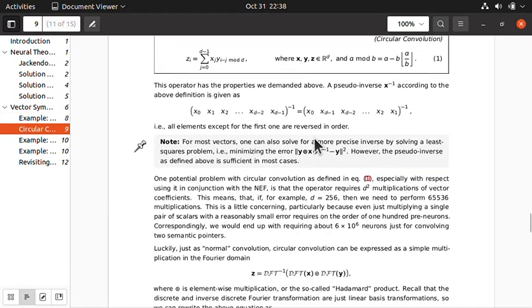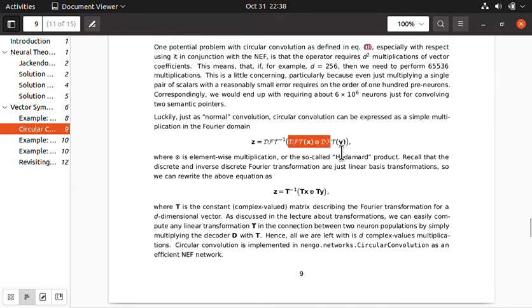Circular convolution can also be written as the discrete Fourier transform, element-wise product, of the discrete Fourier transform. So I take the discrete Fourier transform of my two inputs, do the element-wise product between those, and then do the inverse discrete Fourier transform.